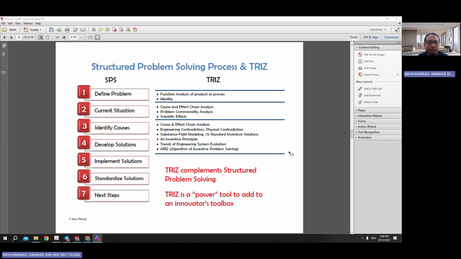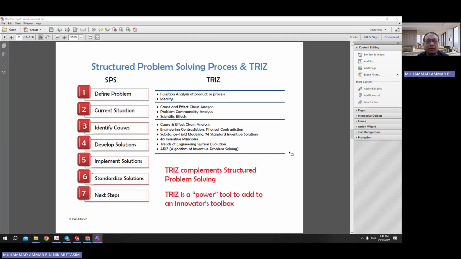Steps number 3, 4, 5, and so on, can use cause effect chain analysis, engineering contradiction, physical contradiction, substance-field, 76 inventive solutions, 40 inventive principles, trends of engineering evolution, and ARIZ, which is the algorithm of inventive problem solving.